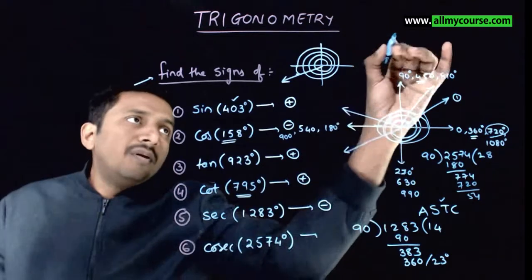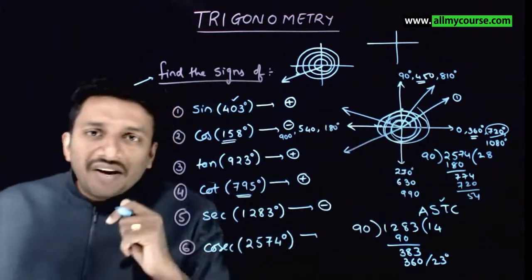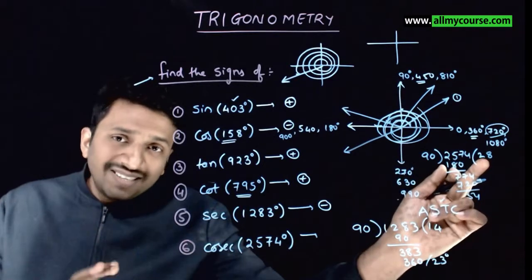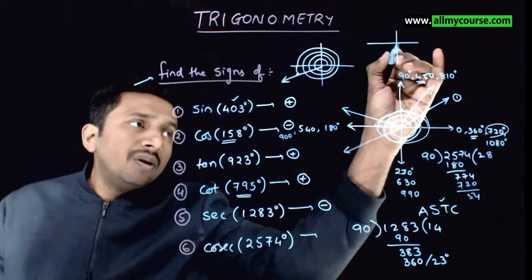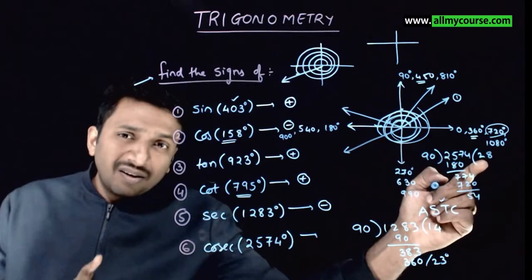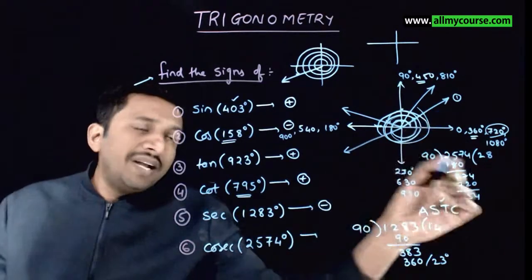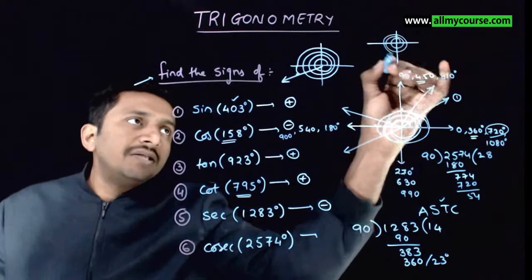So 28 is a multiple of 4. 4 right angles give you 1 complete rotation, so 28 right angles give you 7 complete rotations.